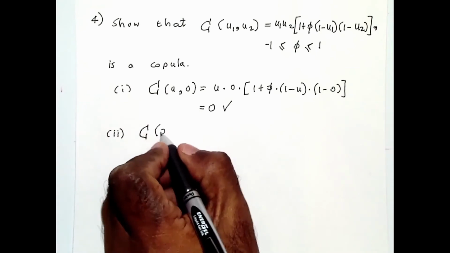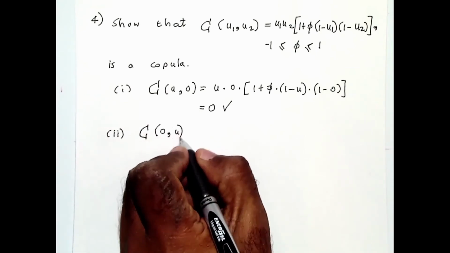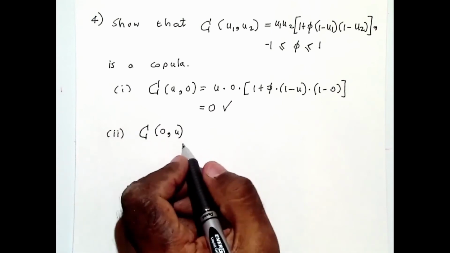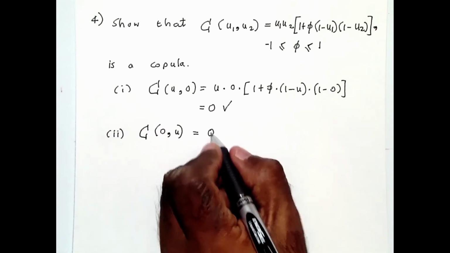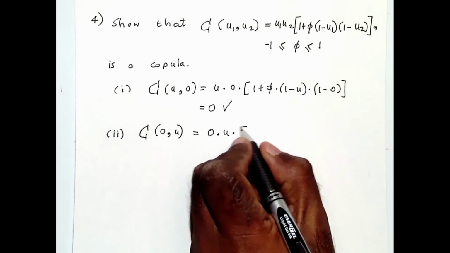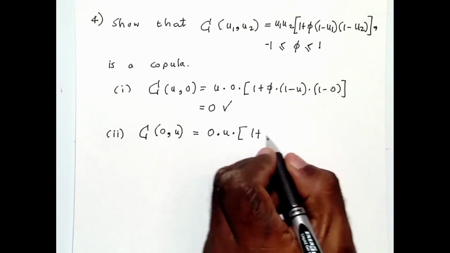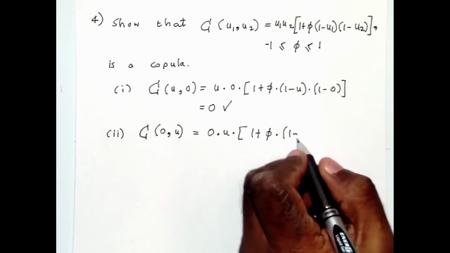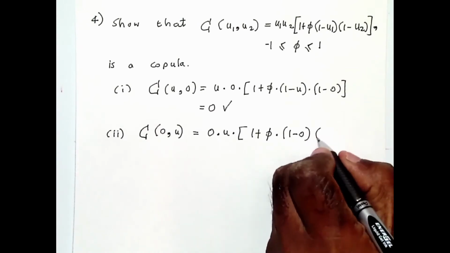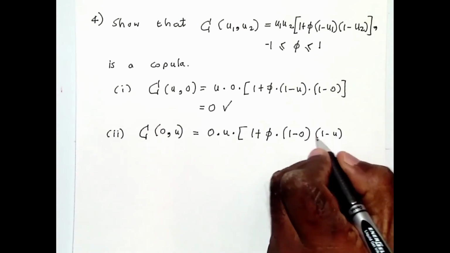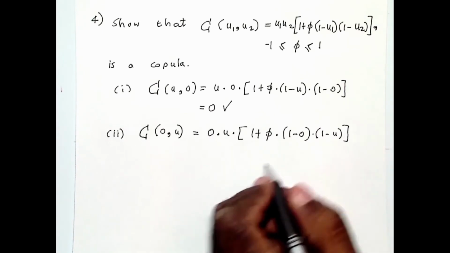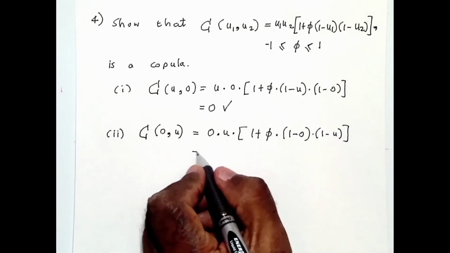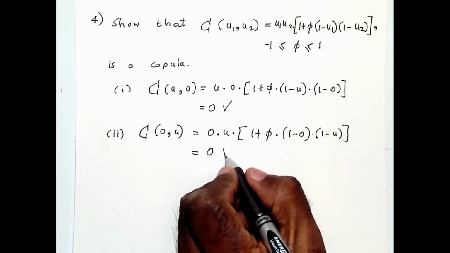The next one is C of 0 comma u, which is going to be 0 times u times 1 plus phi times 1 minus 0. Okay, and again, because of the 0, this is going to be 0.